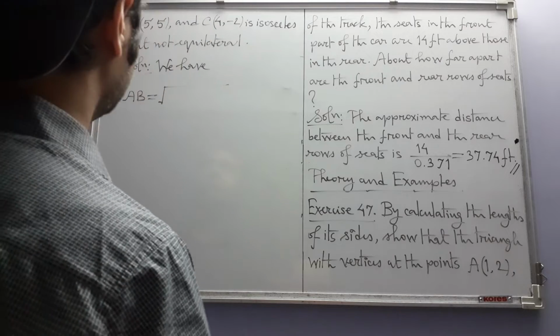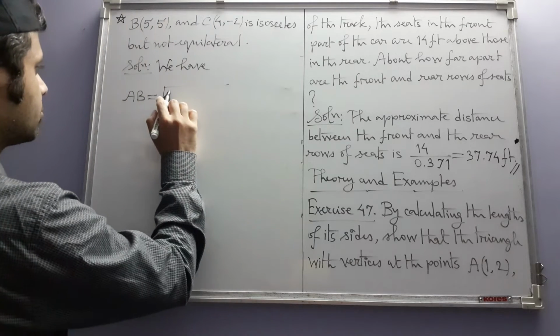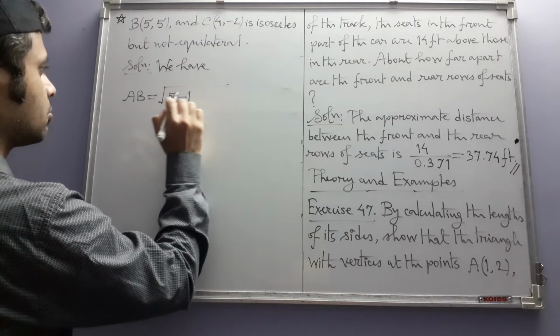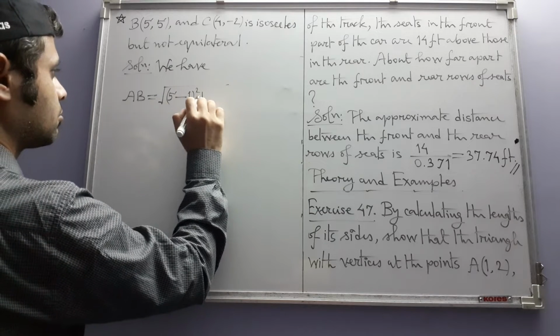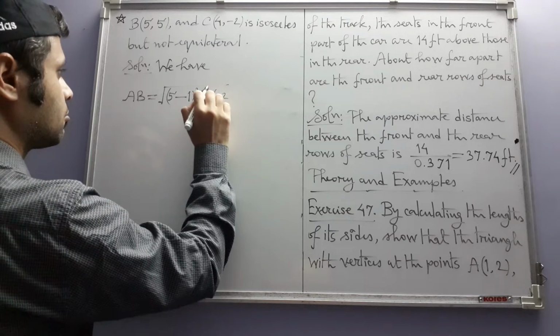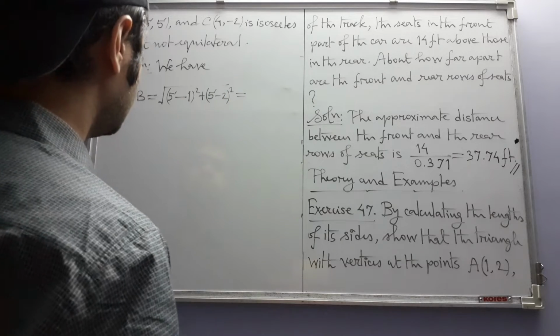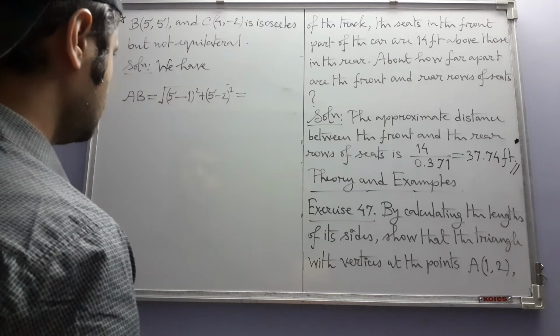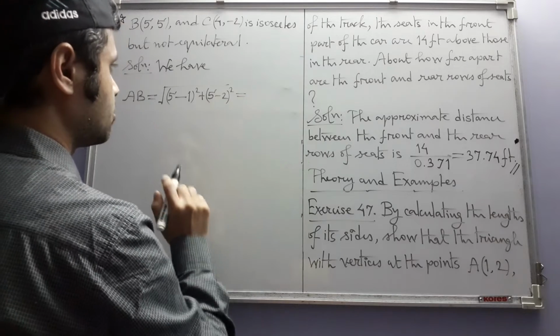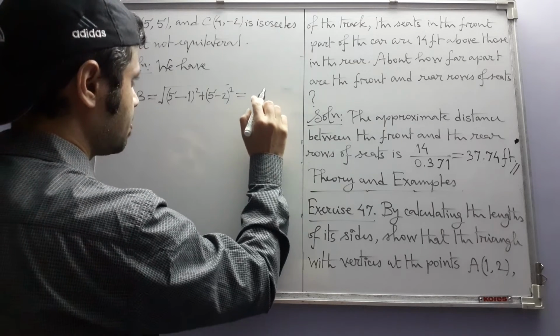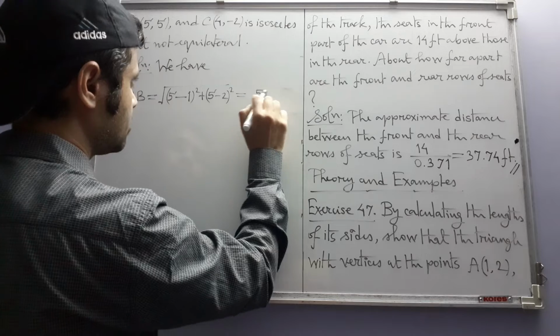So the length of the side AB, so this gives us how much? 4 square is 16, 3 square is 9, so that means 25, so this is 5.